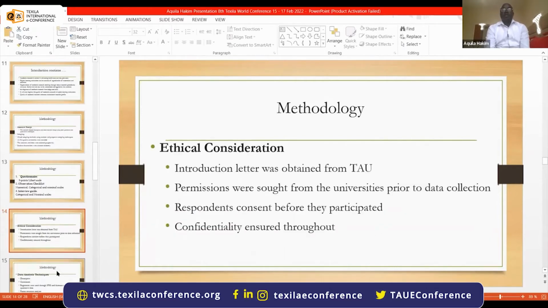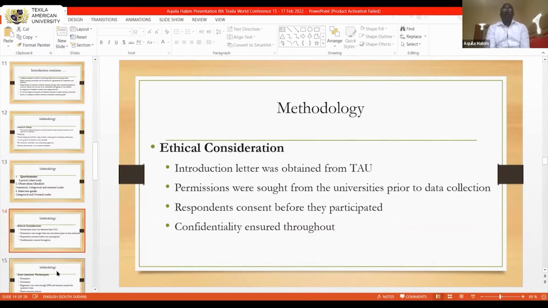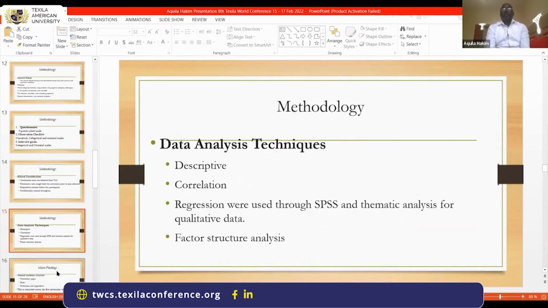For ethical consideration, an introduction letter was obtained from Texila American University. Permission was sought from the universities, and respondent consent was obtained before they participated, with confidentiality ensured throughout. For data analysis, descriptive, correlation, and regression analyses were used through SPSS, along with factor analysis.